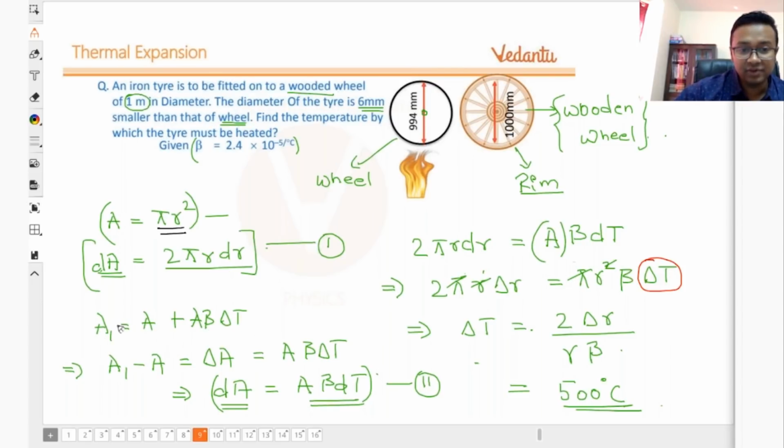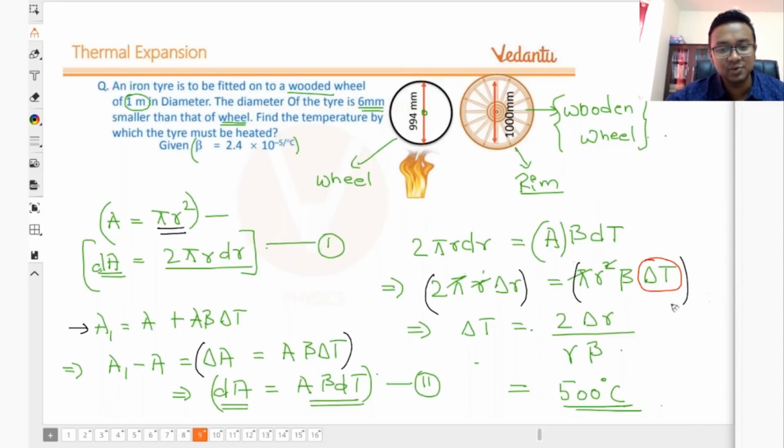Now A1 we saw from the previous one could be written as A plus A into beta delta t. From here we get the relation delta A is equal to A beta delta t. So here delta A could also be written as 2 pi r into delta r. So this is what I get out here, which is equal to this. All right, students.